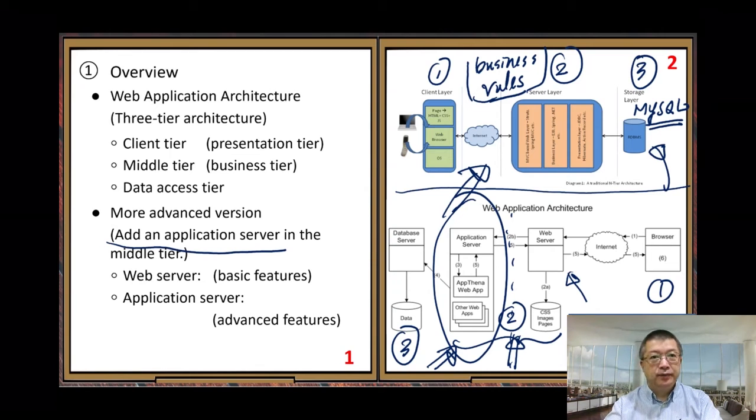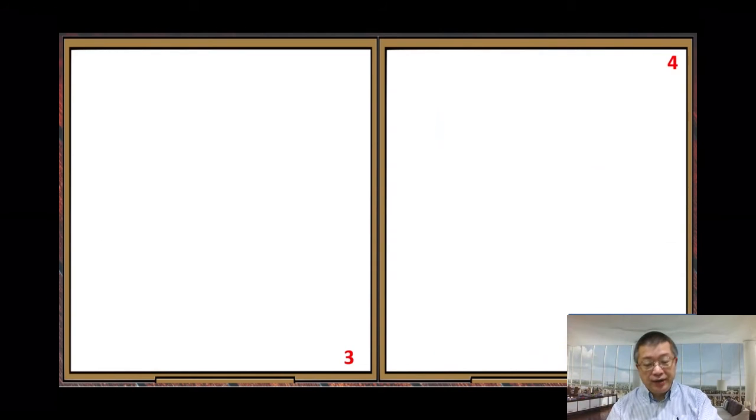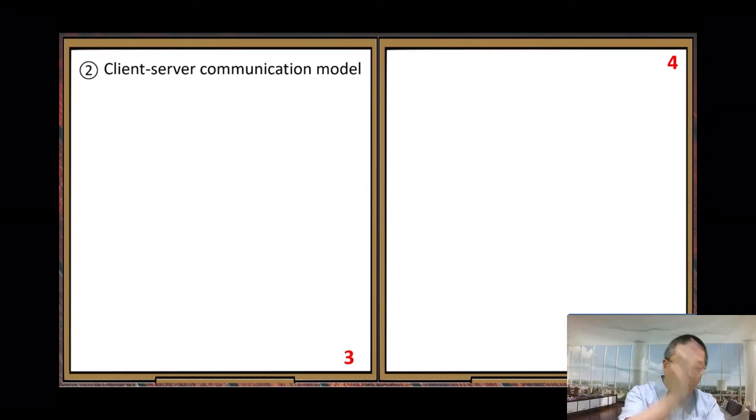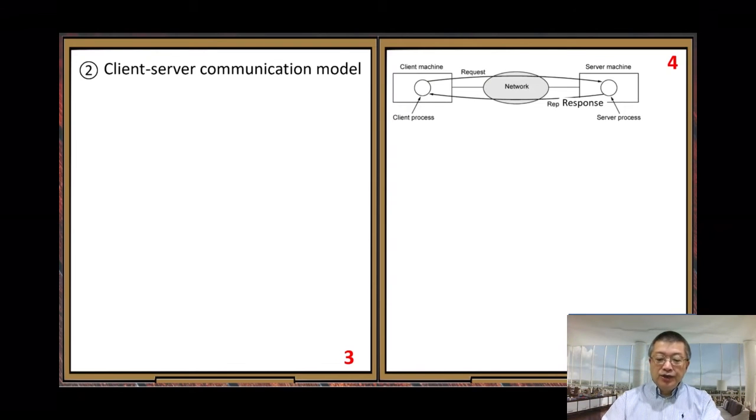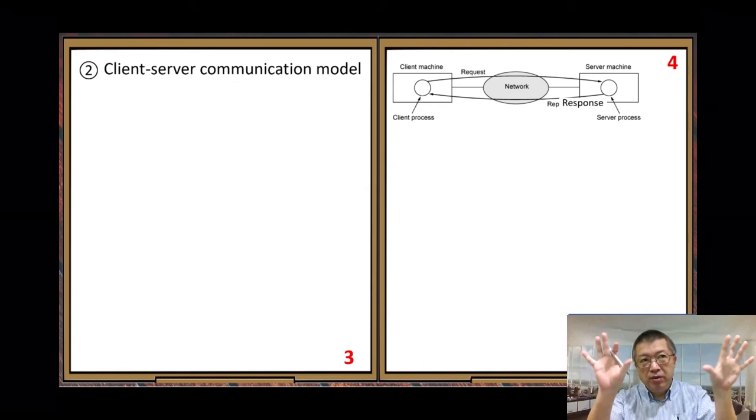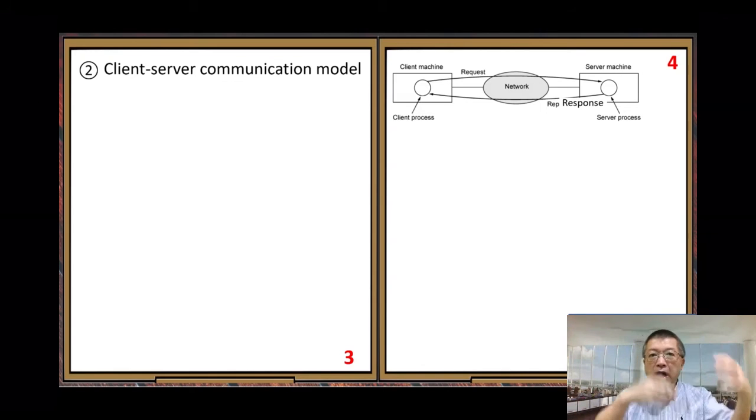All right. So next, now we are ready to understand the client-server communication model. Look at this diagram. This diagram gives us a direct, simple description of how communication occurs between client and server.